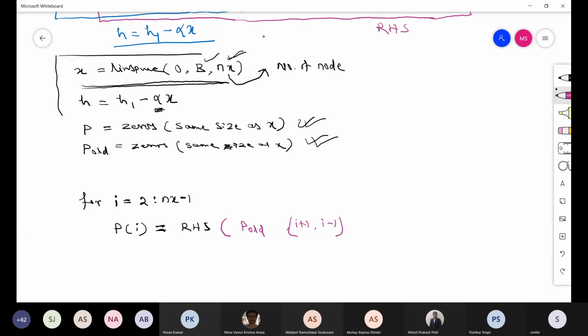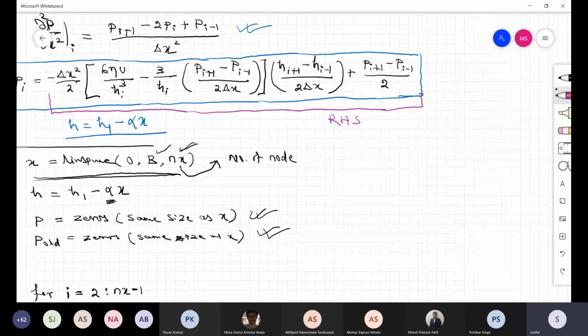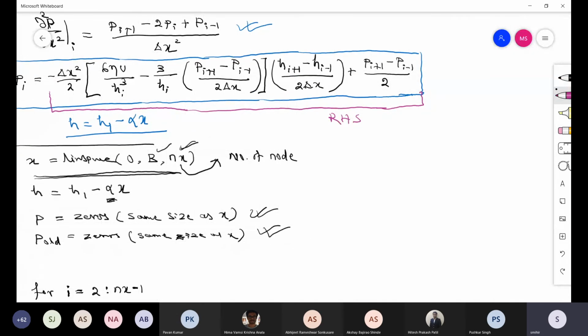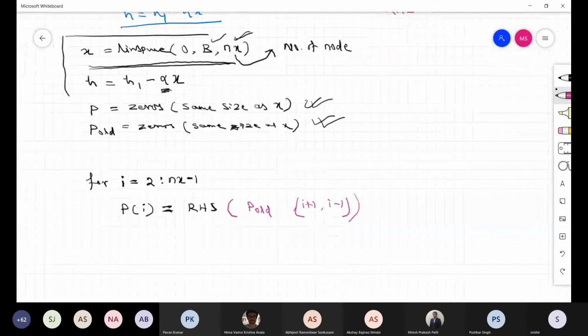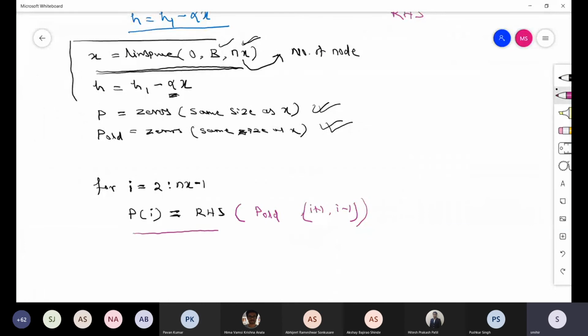Okay. So that means in the right hand side expression, wherever P is appearing, you just write P old. Understood? Any doubt? Okay. So in this for loop, now end the for loop.